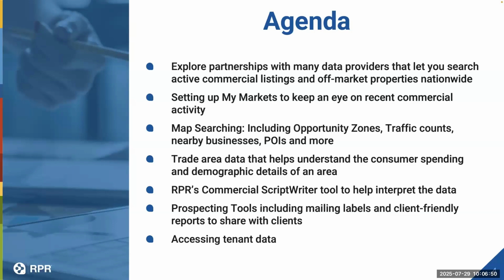You'll probably get a little snapshot of our ScriptWriter tool. I hope to do an on-market property search for commercial properties, and then a prospecting search for off-market properties, and we'll take a look at a couple of other features available through RPR for commercial practitioners as well.